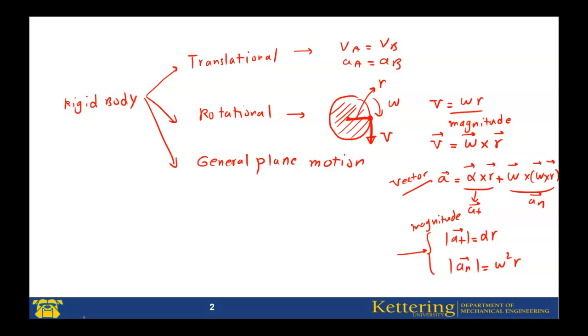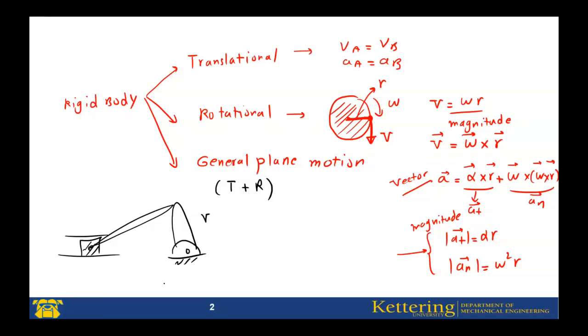Then, for a general plane motion, that is the combination of translation plus rotational motion. You learned that in previous lecture. For example, for a slider or a piston that's connecting using a connecting rod to the crank.